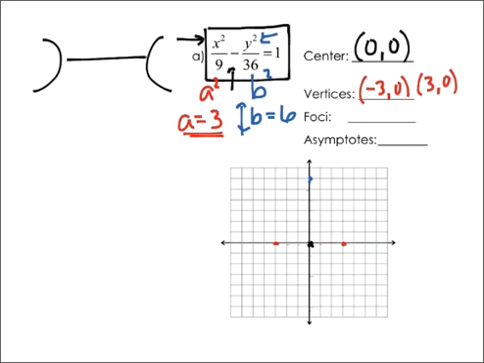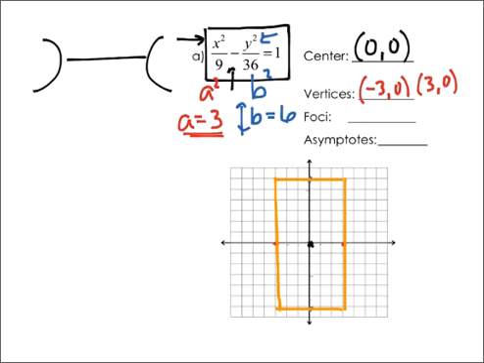I think I said vertex before. I meant to say center. Sorry. With these I can go ahead and make a rectangle out of these points. So there's the rectangle.